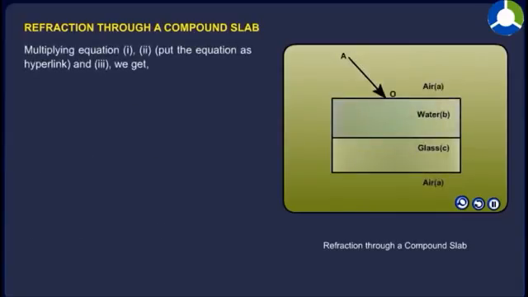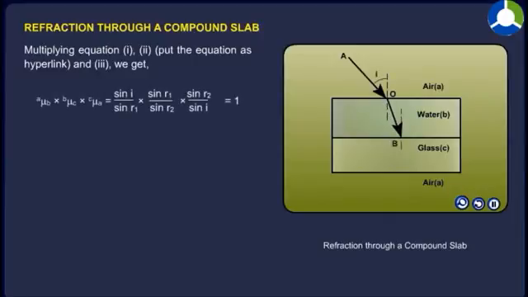Multiplying equations 1, 2 and 3, we get aμB into bμC into cμA is equal to sin i upon sin r1 into sin r1 upon sin r2 into sin r2 upon sin i is equal to 1.